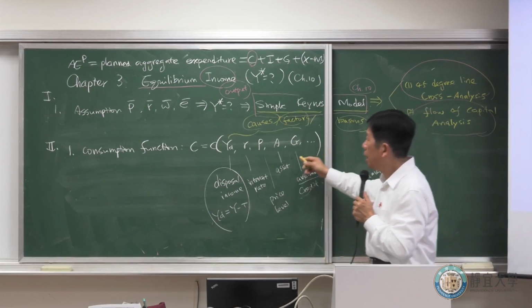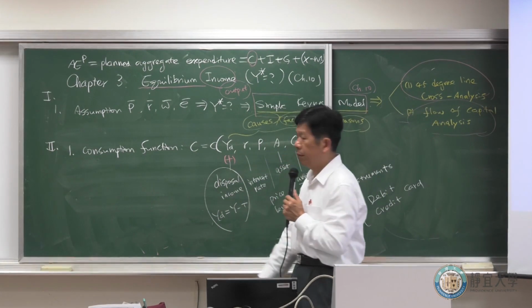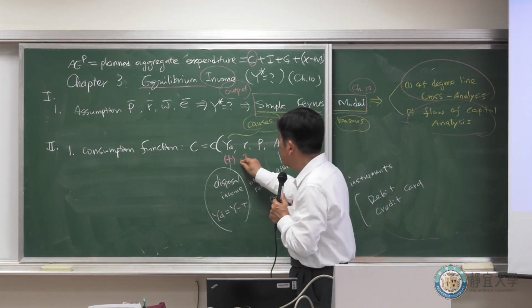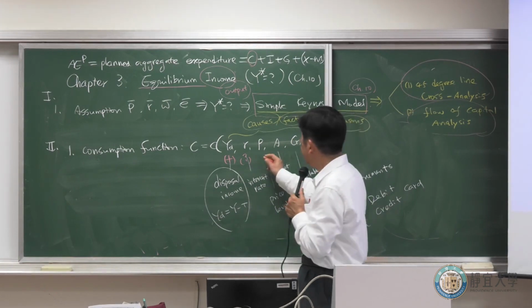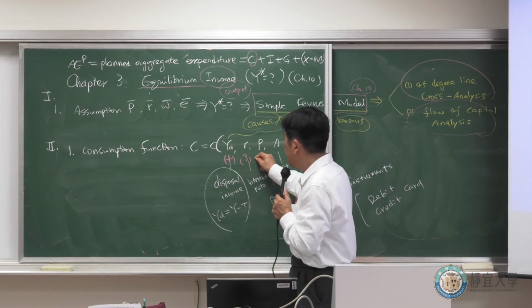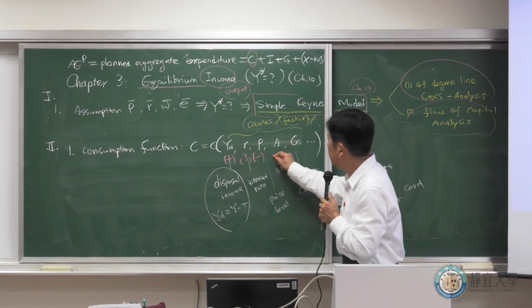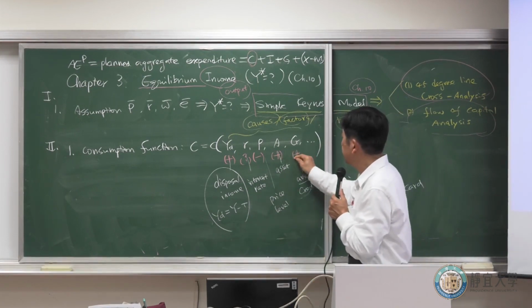And after that you can see this is the positive, and this is not sure, uncertainty, and this is the negative, and this is the positive, and this is the positive.